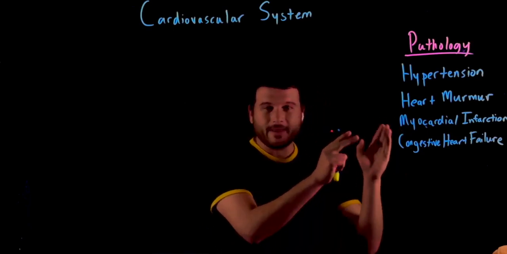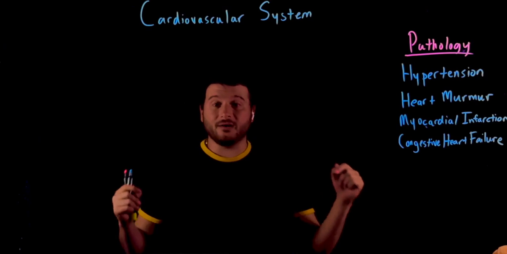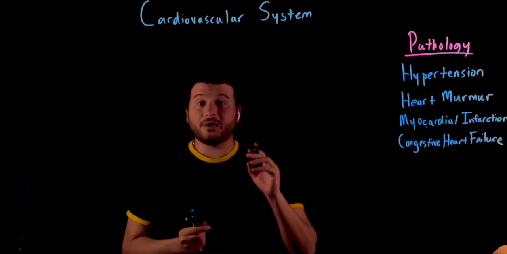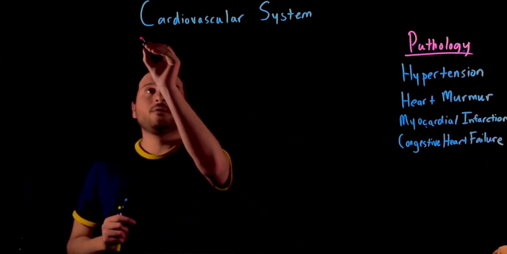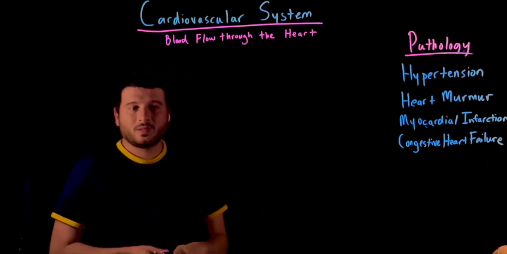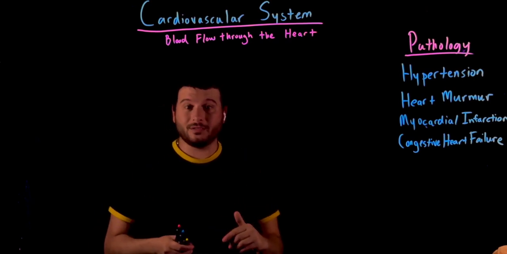But before we get there, let's talk about the normal anatomy of the heart. Today, we're going to focus on the blood flow through the heart. I'm going to start by giving you a drawing of the heart.